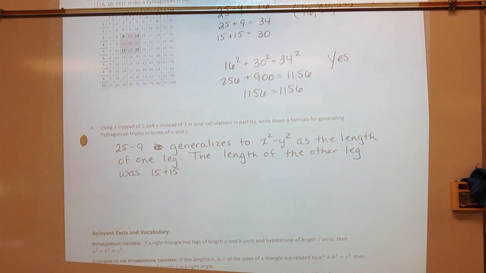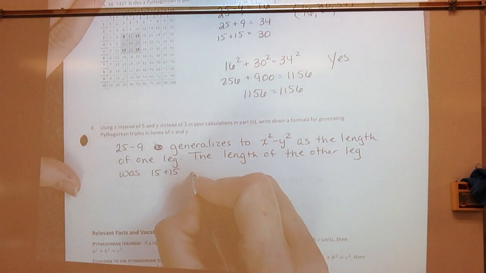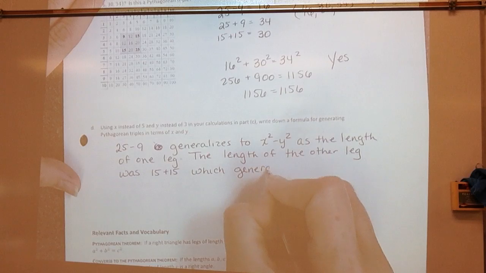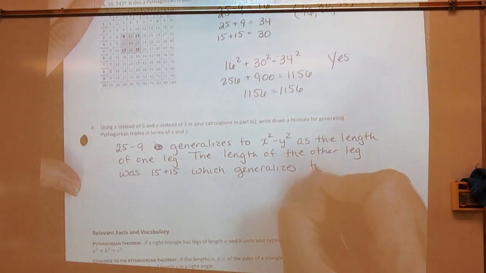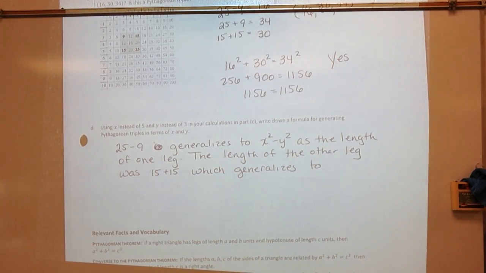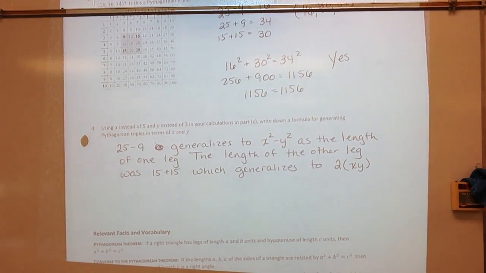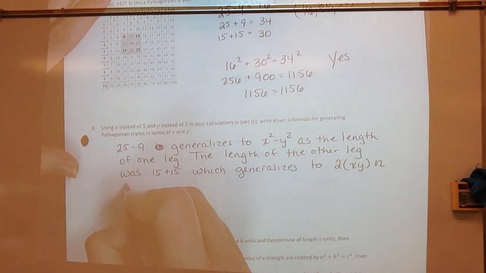So that generalizes to, this one's a little more difficult to think about, but what do we know about 15? 15 is 5 times 3. Five times 3 is 15. I got to multiply that by 2. So that generalizes to 2 times x times y, or 2xy.